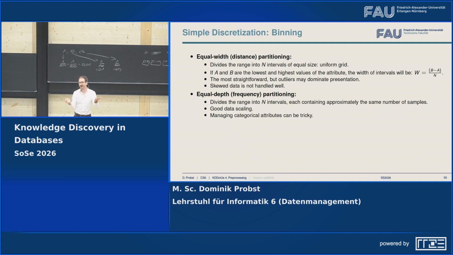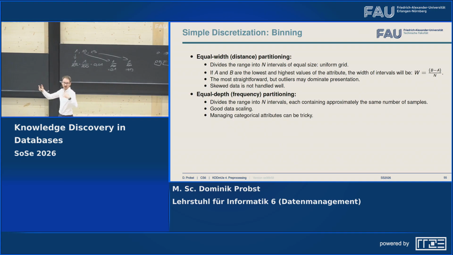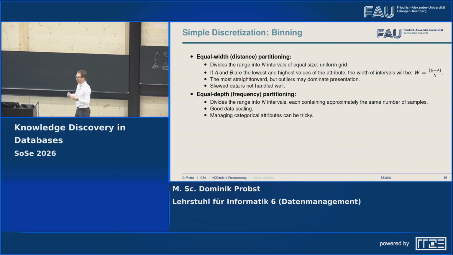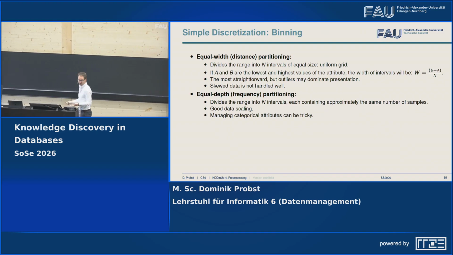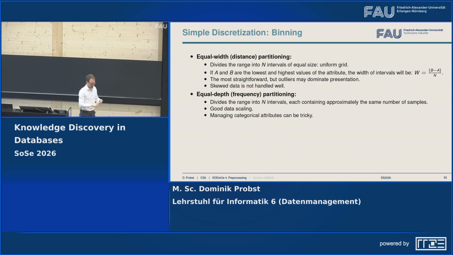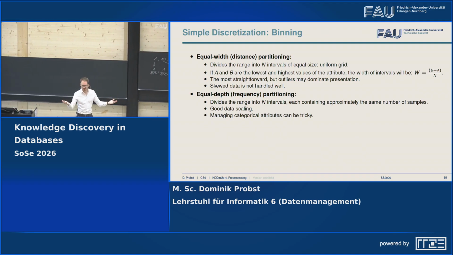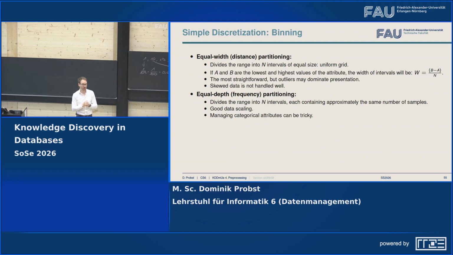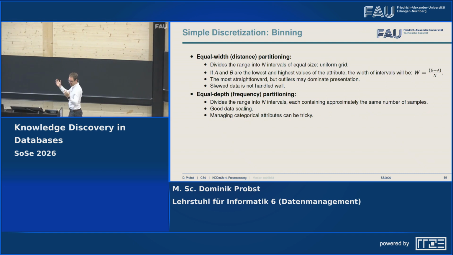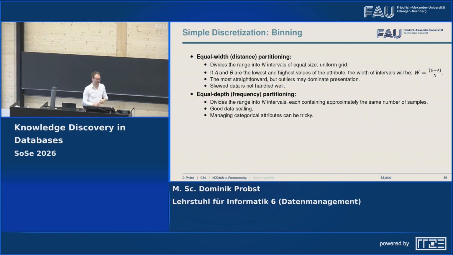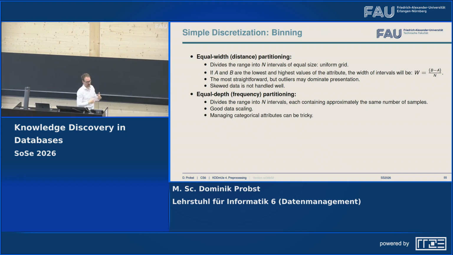And at buckets where fewer values are, for example, in outlier regions, we have bigger buckets. So if we are talking about a numerical sense, then we would use, for example, the mean as the category label for every bucket. Then the outlier buckets will get less precise, while the cluster buckets are more precise.